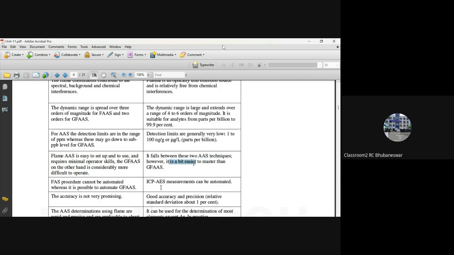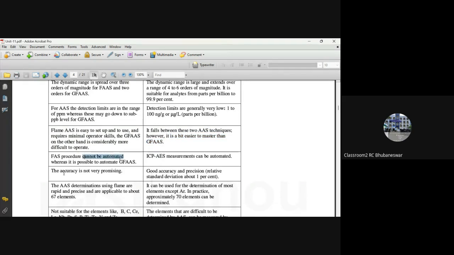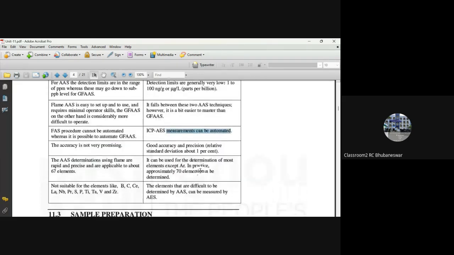However, it is a bit easier to master than GFAAS. Then this procedure cannot be automated in AAS, and this can be automated through software. Then accuracy is not very promising in AAS. Here good accuracy and precision we may get.